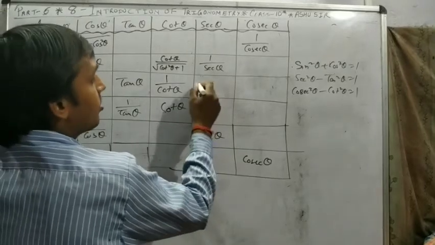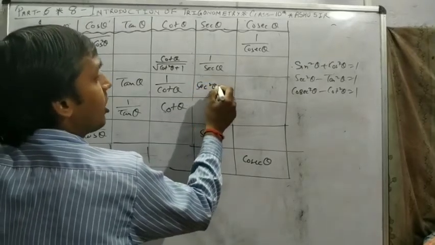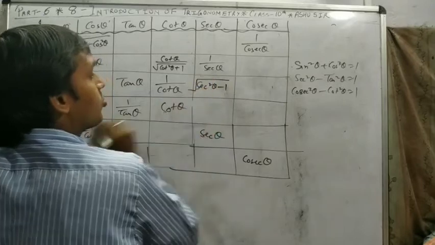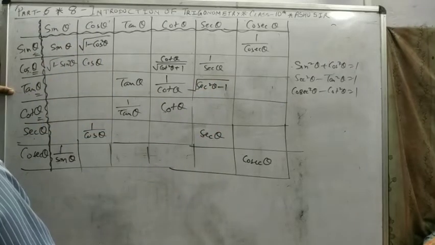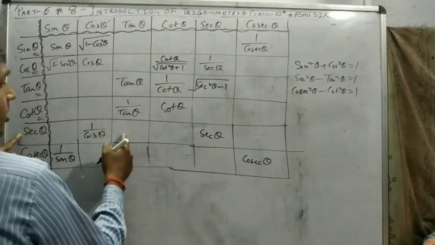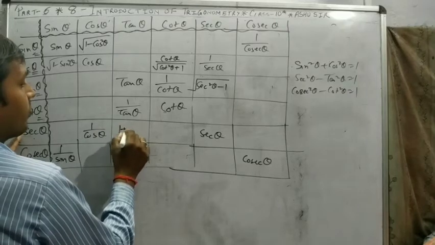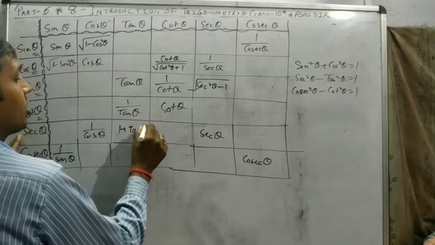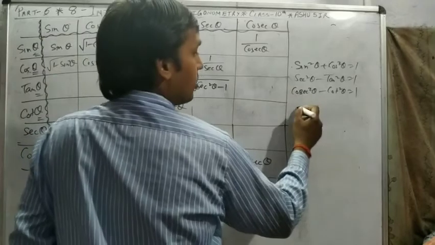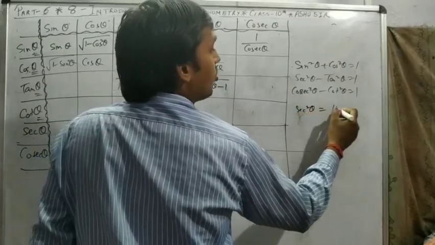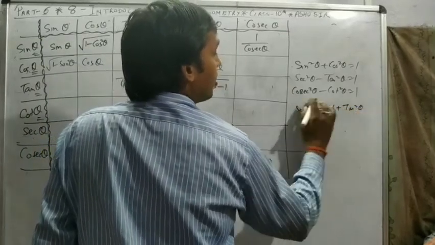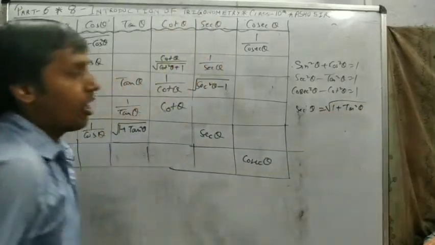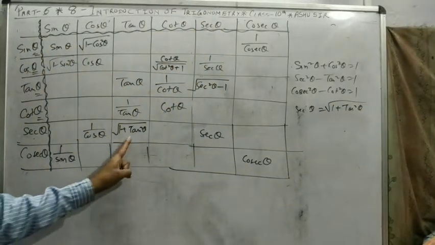So what do you get? Root of sec square theta minus 1. Sec, tan. So what is it? Root of 1 plus tan square theta, because sec square theta is equal to 1 plus tan square, square cancel, square root sent to the opposite side, 1 plus tan square.